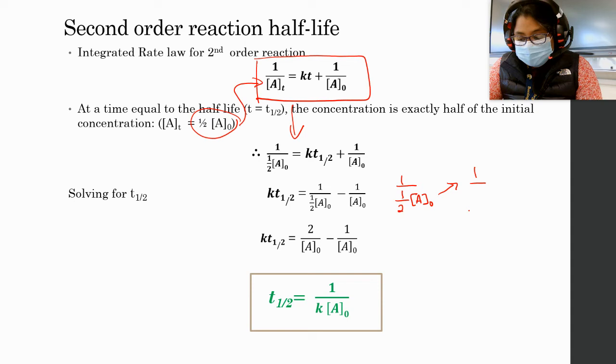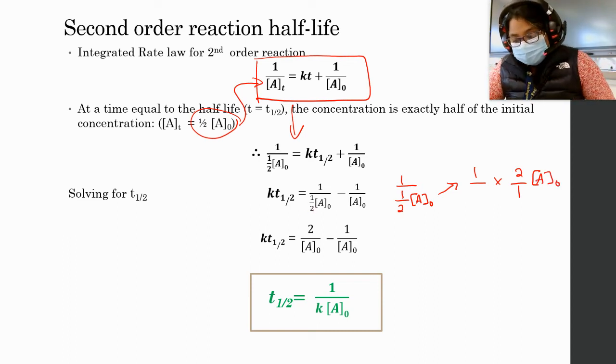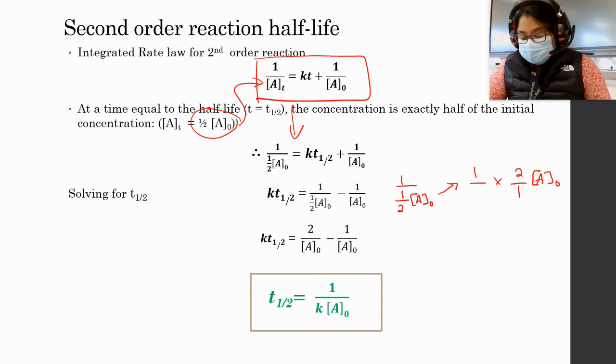You have to flip it. So instead of dividing 1 by 1/2, you are actually multiplying 1 by 2 over 1 concentration of A at time 0. You're taking the fraction and flipping it because that's what you do when you divide something by a fraction.